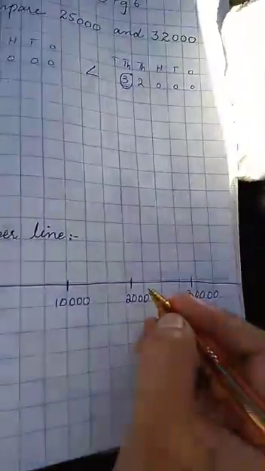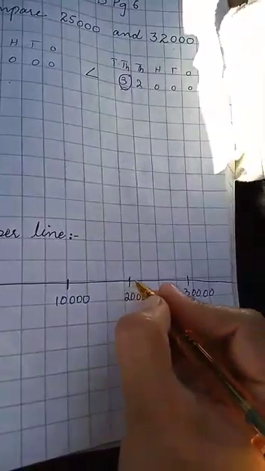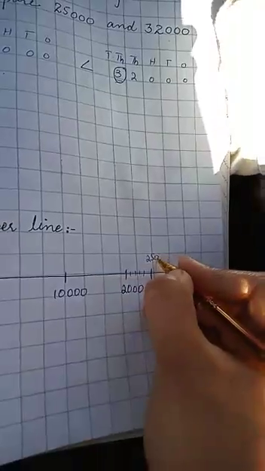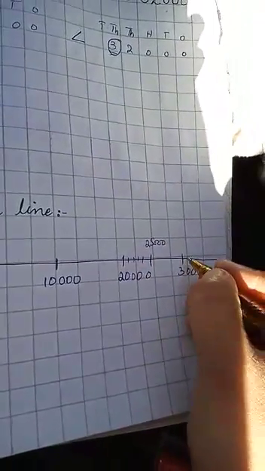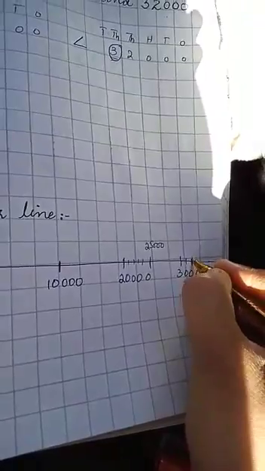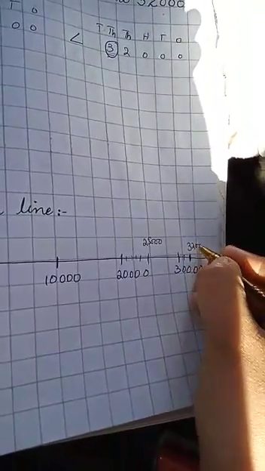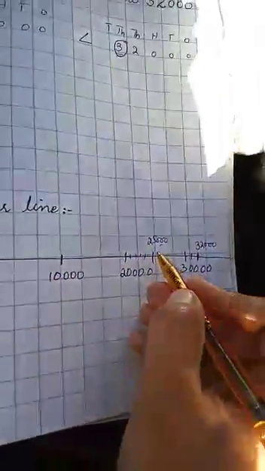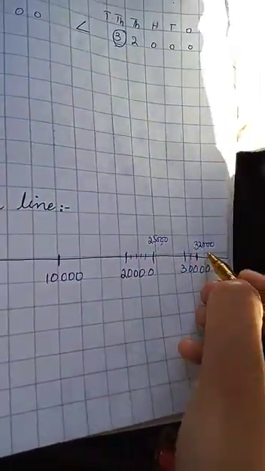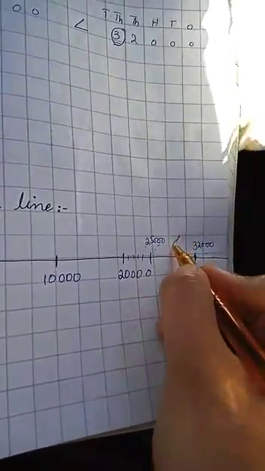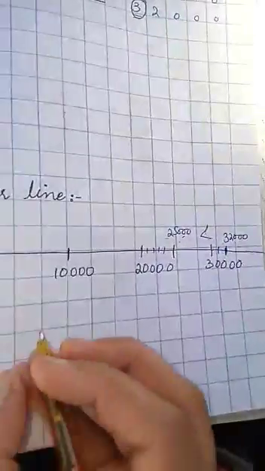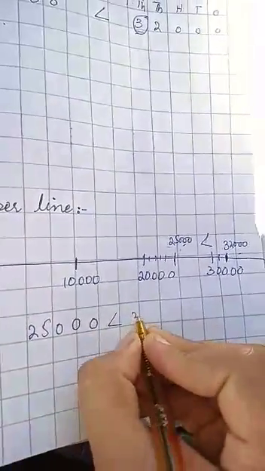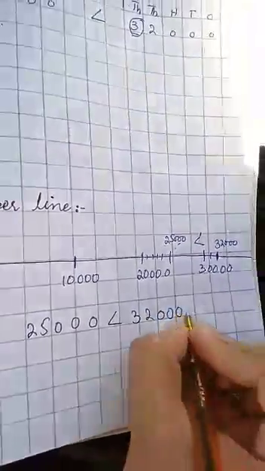Here we have the difference of 10,000, so we can write it as 1, 2, 3, 4 and 5. Here is the number which is 25,000, and after 30,000, 31 and 32, here is the number which is 32,000. As 25,000 is nearer to 0, we will say that this number is lesser than 32,000. So by using the number line, we can say that 25,000 is less than 32,000.